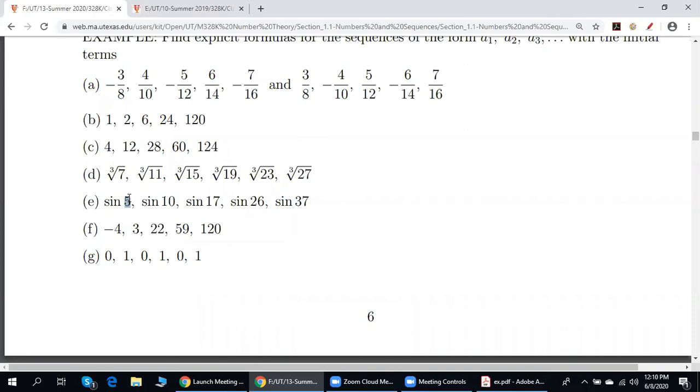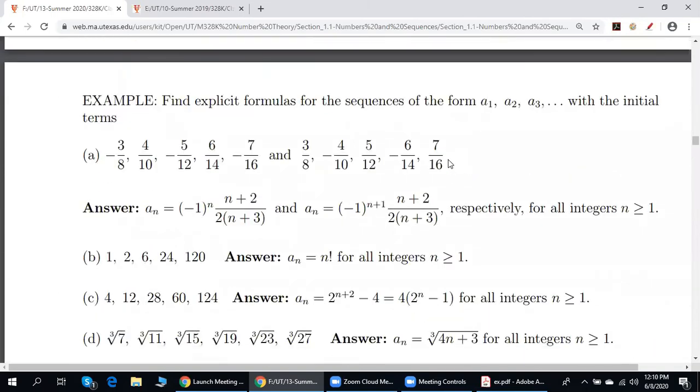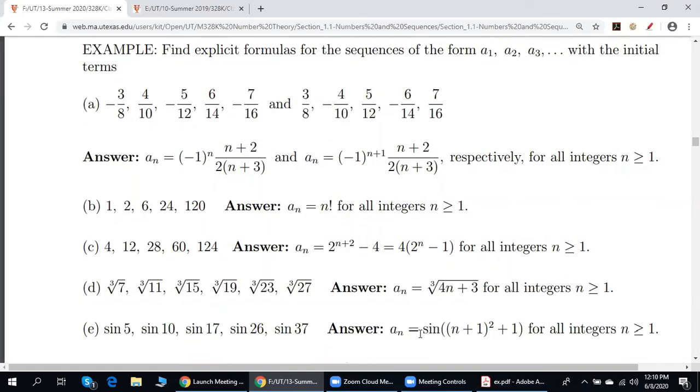Note that 5 minus 1 is 4, which is a perfect square. 10 minus 1 is 9, which is a perfect square. 17 minus 1 is 16, which is a perfect square, and so on. The general formula is a perfect square plus 1. But this is not n squared, this is n plus 1 squared.